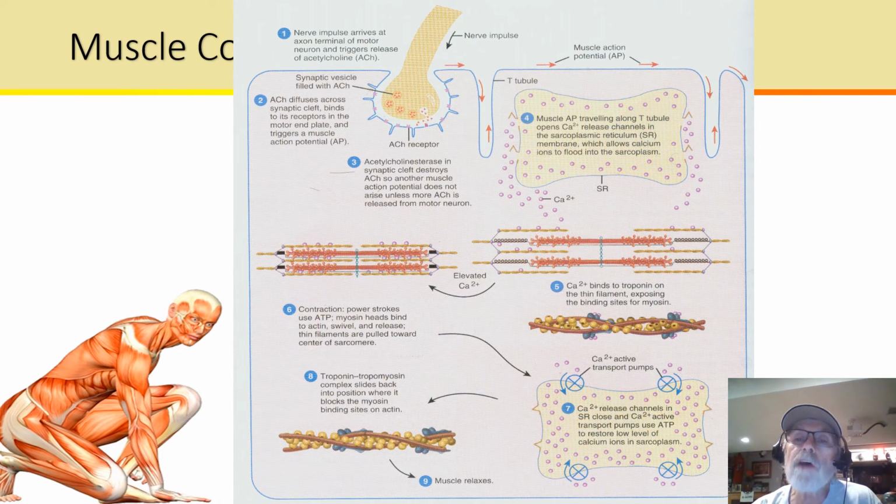5. The calcium binds the troponin on the thin filament, or the actin, exposing the binding sites for myosin. So now those little paddles on the myosin can start to pull on the actin. 6. Contraction power strokes use ATP, which is energy, and the myosin heads bind to the actin, and what they do is they keep on grabbing and releasing. It's like pulling hand over hand on a rope.